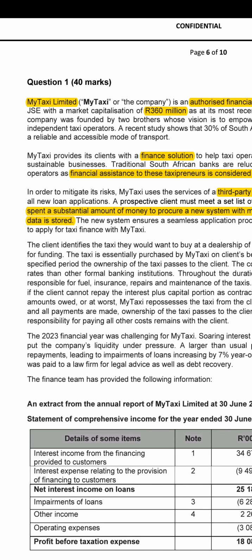Okay. So let's chill a moment on this paragraph, right? This sounds fine and well, because you'd read this and you'd be like, no, My Taxi are being very, very good. They're being very responsible. They've appointed a third party service provider to do this whole due diligence.